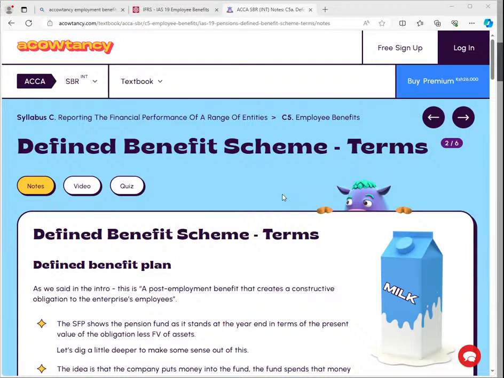Now, ladies and gentlemen, I would want to take this opportunity to introduce what we call defined benefit schemes. When your pension is defined, what happens? I want to imagine that you have written there that this is what we call IAS 19, employee benefits.